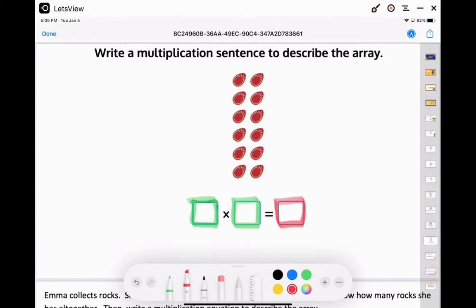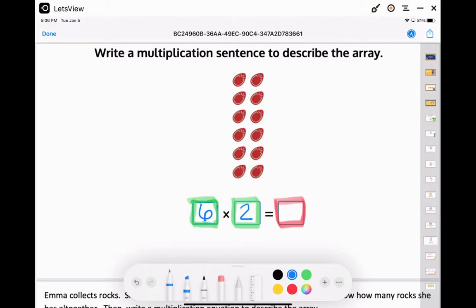All right, guys. So we said we would start with the first factor, which is the number of rows. We determined that there are 6 rows of seeds. The second factor is the number of seeds in each row, and there are a total of 2 seeds in each row.